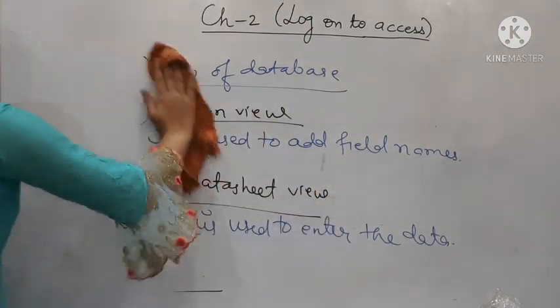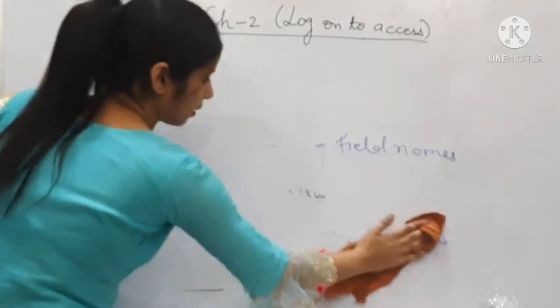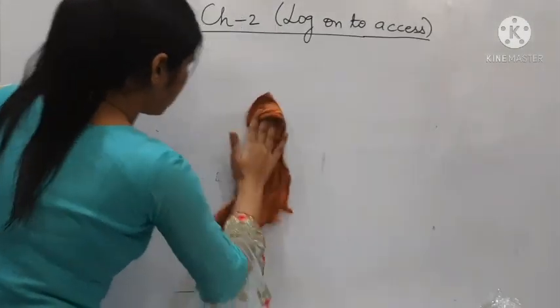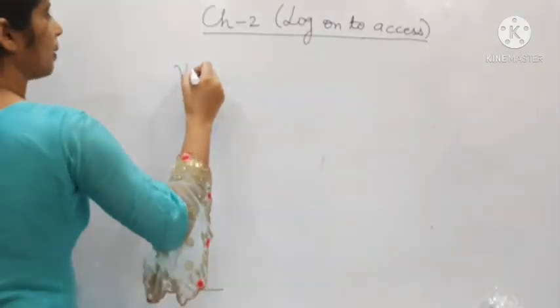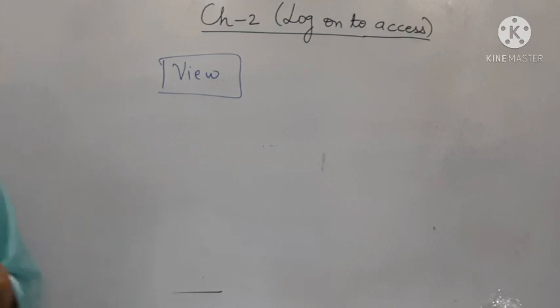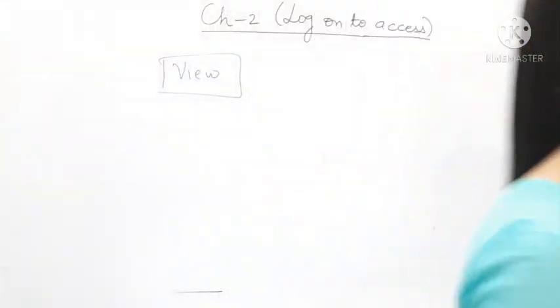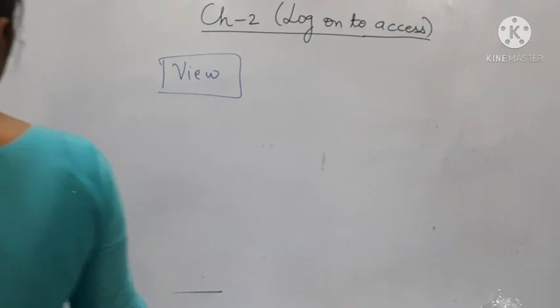Now, where can we find these views? Are they hidden or not? These views we can easily get where we see a tab that is known as the view tab. This is a tab present on the main screen and it is known as the view tab. Whenever we click on this view tab, what will happen? It will show us two views.